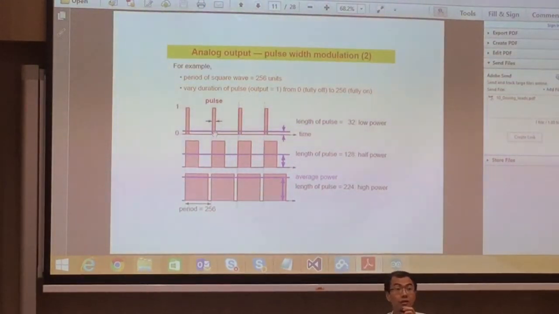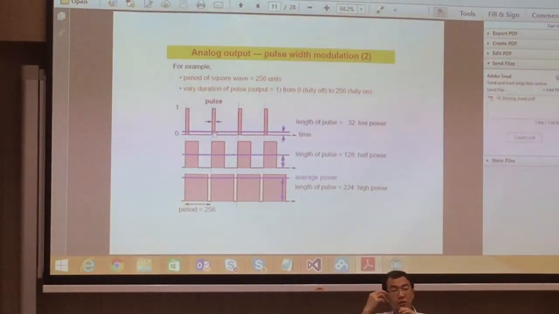The movie itself is actually discrete, but the response time of our eyes is only about 0.1 seconds. So if the number of frames per second is large enough, our eyes can only see continuous motion. This is very similar to pulse width modulation here. Okay, let me show you the program.